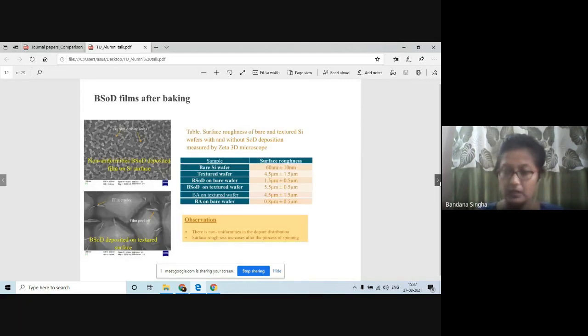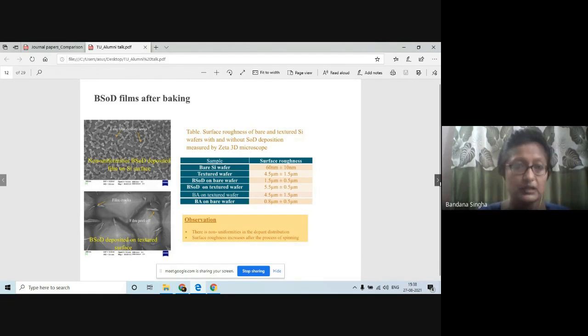After depositing the dopant source, it's an essential step to do the baking, because our dopant source is associated with organic binders, right? When organic materials are there, it's not suitable to use the sample in the diffusion furnace.